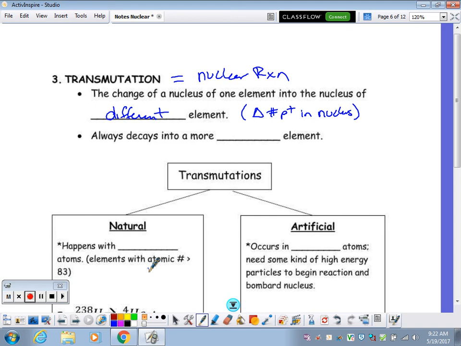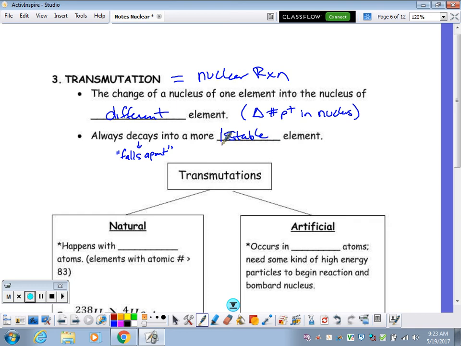When a transmutation occurs, it always decays, or another word for decays might be falls apart, into a more stable element. It's more stable because the new proton to neutron ratio is 1:1 or close to 1:1.